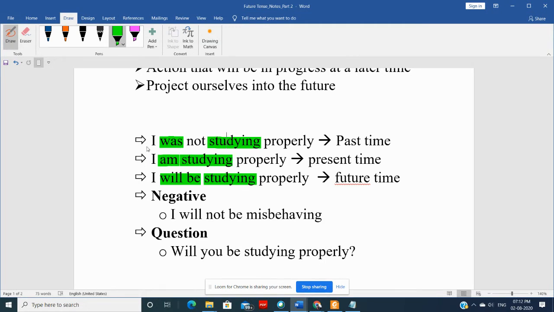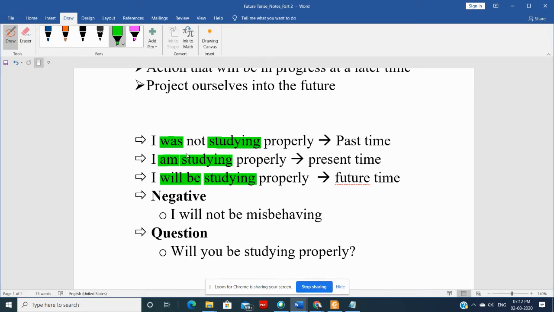Okay? If I was, you were, he, she, it was, we were, they were. In case of present time also, there will be a different verb for different subjects. Means depending on the subject, the verb will change.